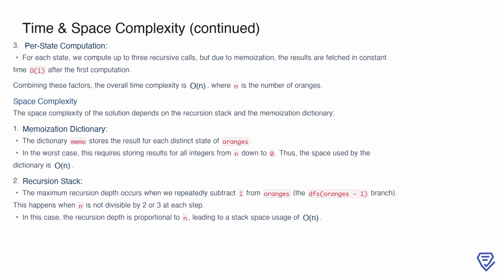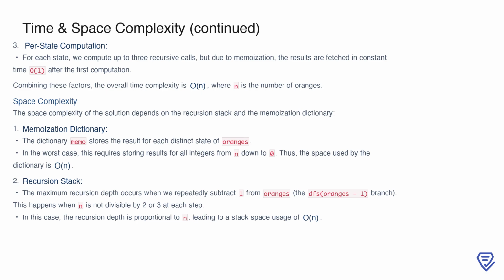For every distinct state, up to 3 recursive calls are made, one for subtracting 1, and others for dividing by 2 or 3 if applicable. However, thanks to memoization, the result of each state is computed only once and subsequently retrieved in constant time, O(1), for all future calls. This means that the overall time complexity is determined by the number of unique states, which is proportional to n. Therefore, the time complexity of the solution is O(n).